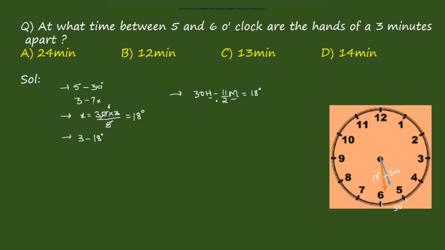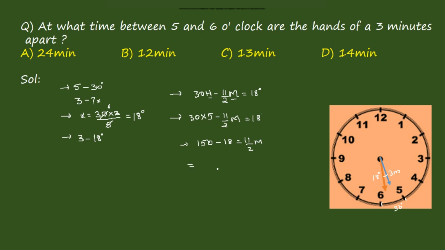Here h is nothing but 5, so we get 30 into 5 minus 11 by 2 m is equal to 18. 5 3s are 15, then it becomes 150 minus 18 is equal to 11 by 2 m.